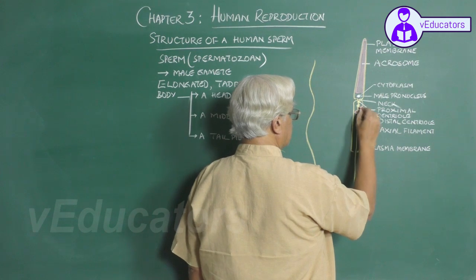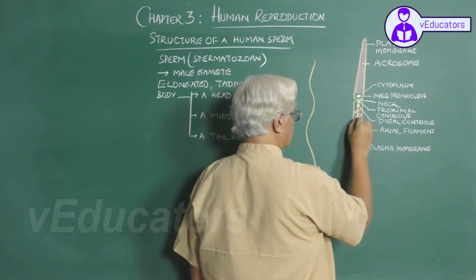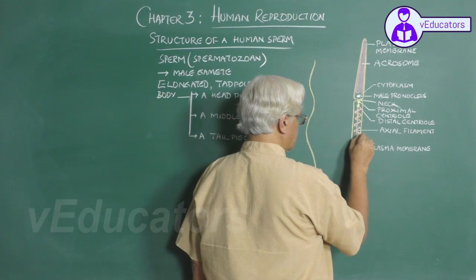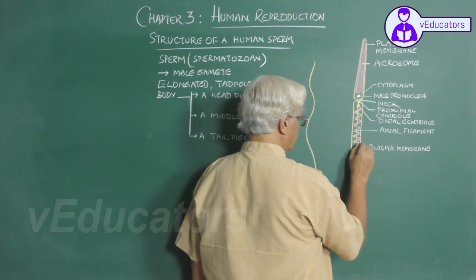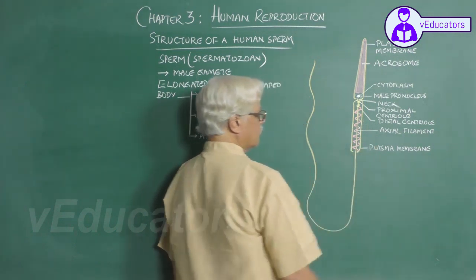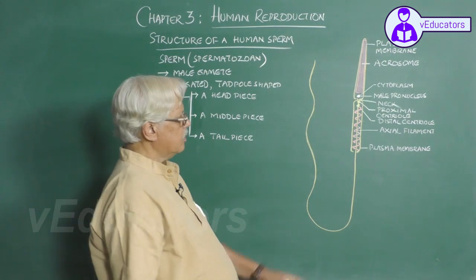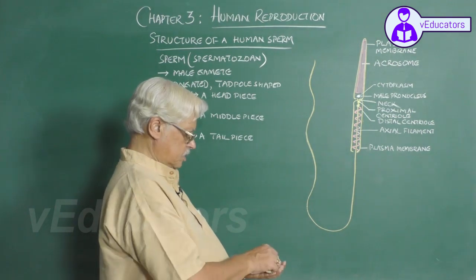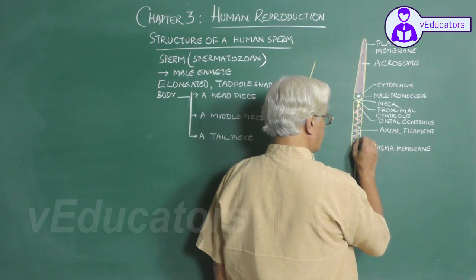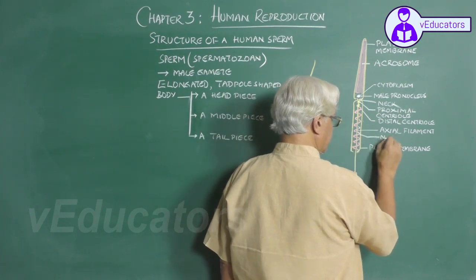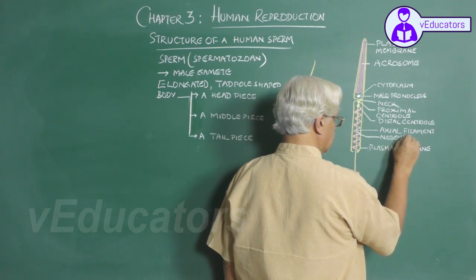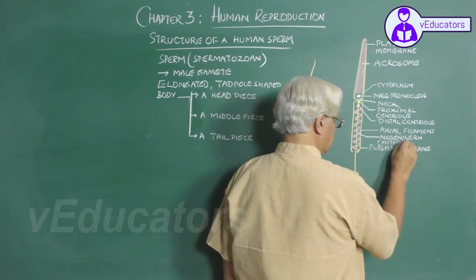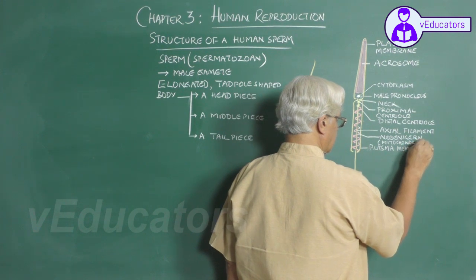Surrounding the axial filament there is a spirally coiled structure, which is known as Nebenkern, or mitochondrial sheath.